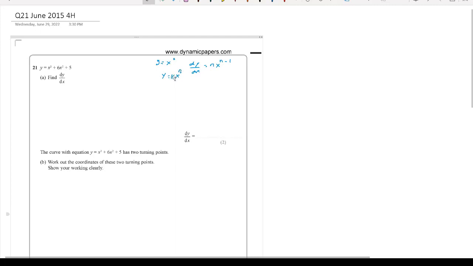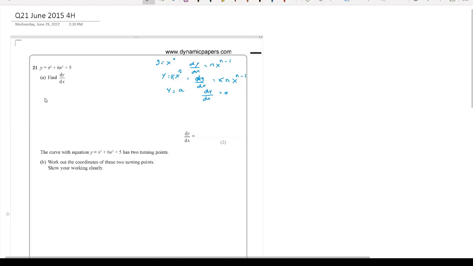If a coefficient is multiplied to it, the coefficient remains the same, and then we apply the same rule: bring the power down and reduce the power of x. If we have a constant, if y equals a constant, a for example, then the differentiation is equal to 0.